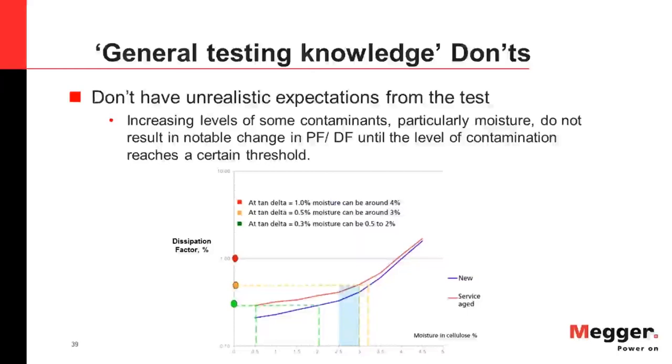In spite of its sensitivity to moisture that seems to not occur until around 3%, note that when it finally does approach 3%, if you follow that orange dotted line over, the dissipation factor is still only 0.5%, even though moisture content is now at 3%.